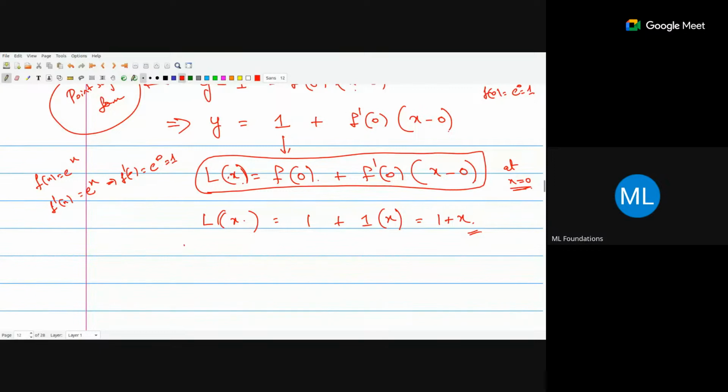Now I want L of 0.01, because we are approximating f of 0.01 by L of 0.01, and this L of 0.01 is nothing but 1 plus 0.01. This will be 1.01. Look how simple it is to compute e power 0.01.